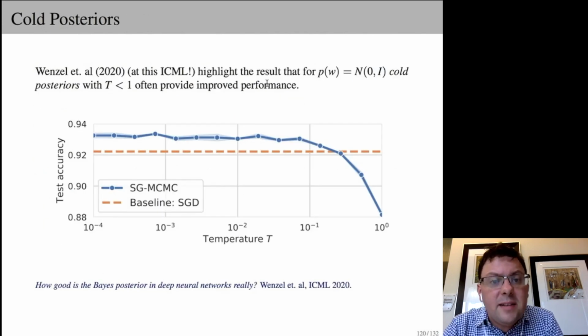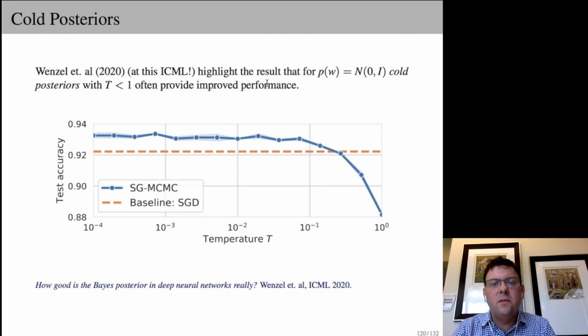In a paper at this ICML by Wenzel et al., there's a result that's highlighted that with a standard Gaussian prior over parameters, cold posteriors often provide improved performance, but if we use just a temperature equals 1, we can get even worse performance than classical training.